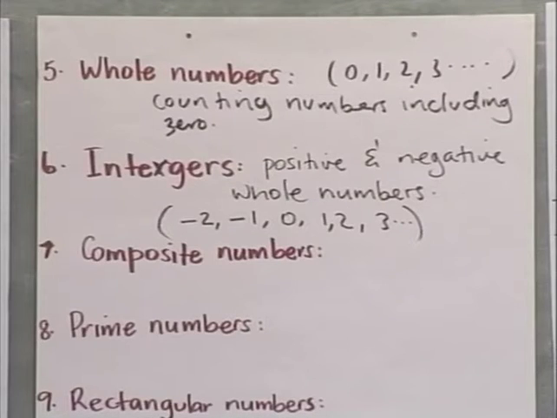Her definition: a composite number is a number larger than 1, but it's not a prime number. That's what she said originally.